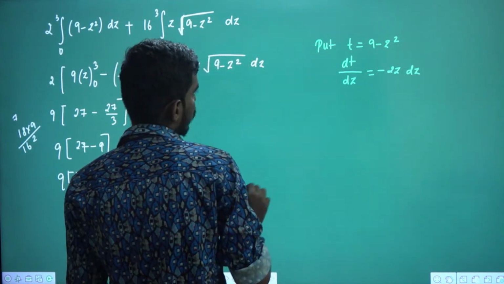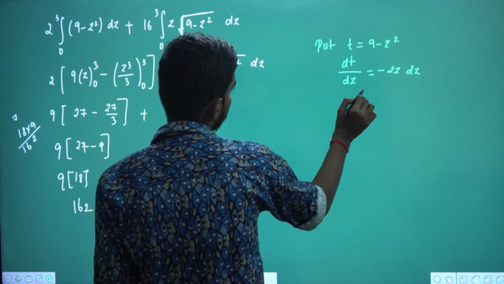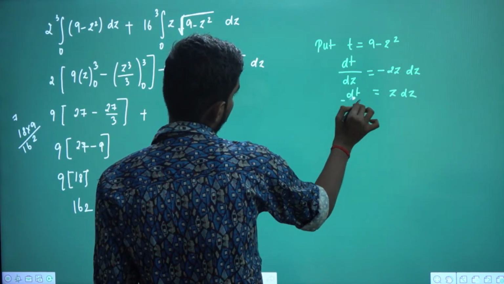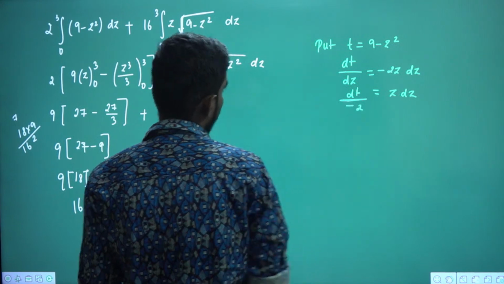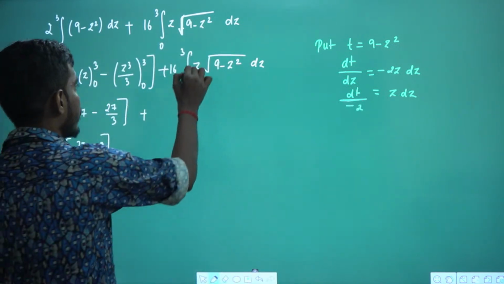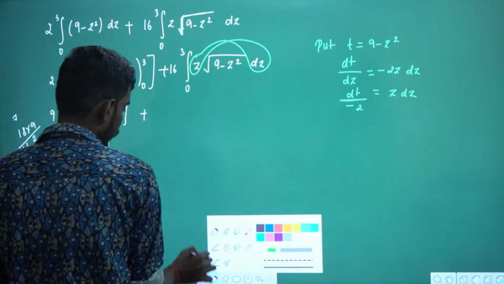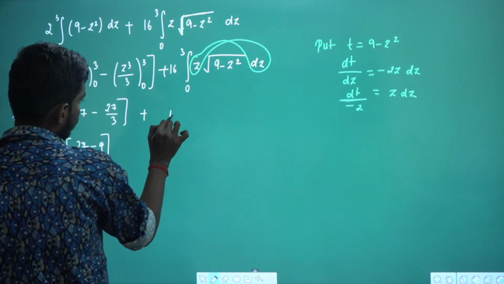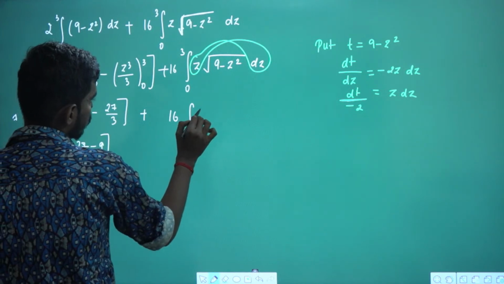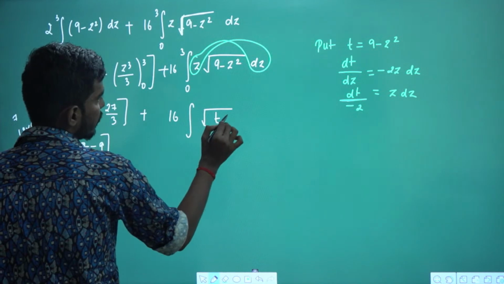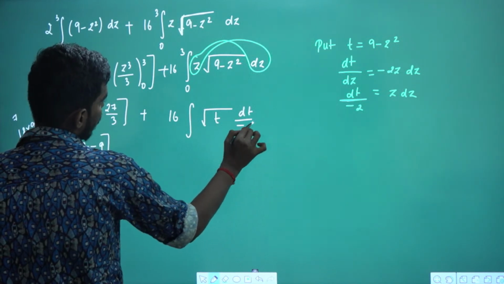So your z dz is dt by minus 2, right? Dt by minus 2. So here we have 16 z, so this will be root of 9 minus z square is root t, and z dz is dt by minus 2.